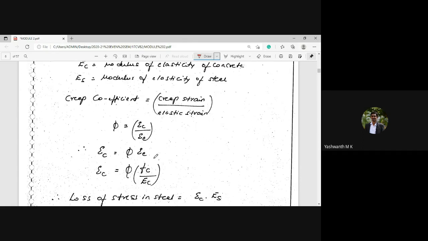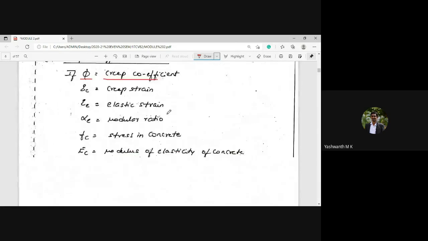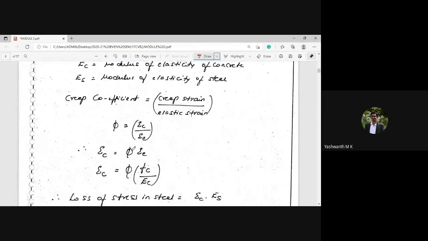Therefore, if you want to calculate the stress in steel, the strain due to creep of concrete can be calculated by phi into epsilon e. That means I am going to cross multiply, so epsilon e will go here.